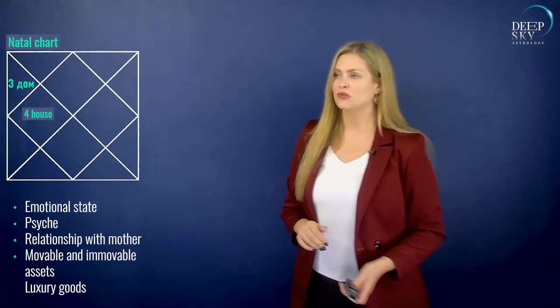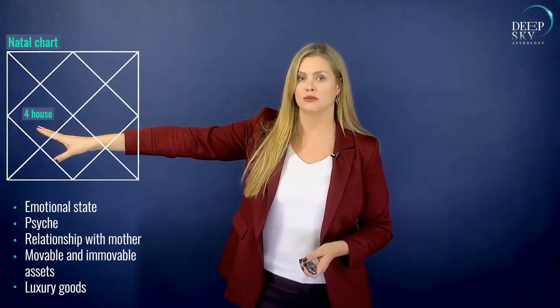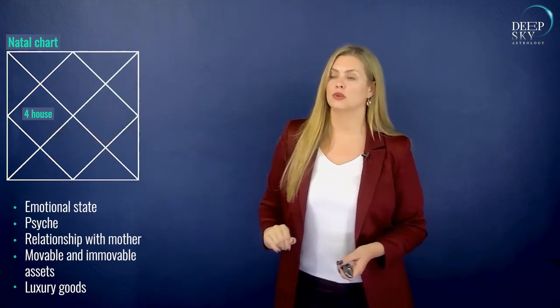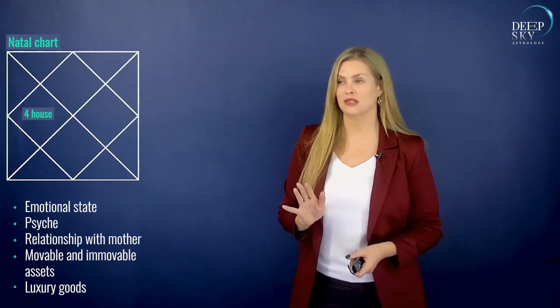The fourth house of the horoscope. This is the region that is consistently present in this location. It's not moving; only the numbers representing the zodiac signs are moving. Let's emphasize this again.